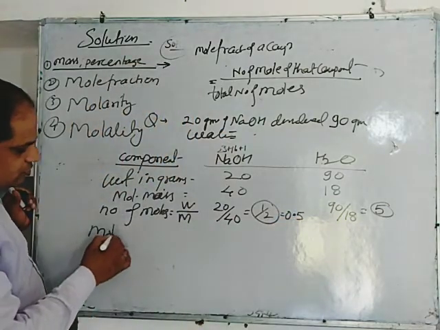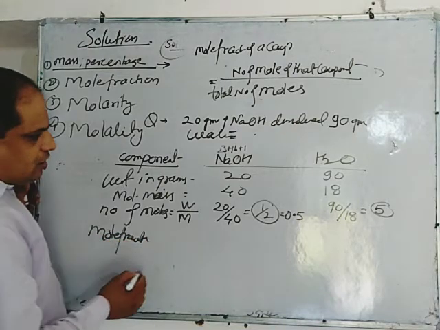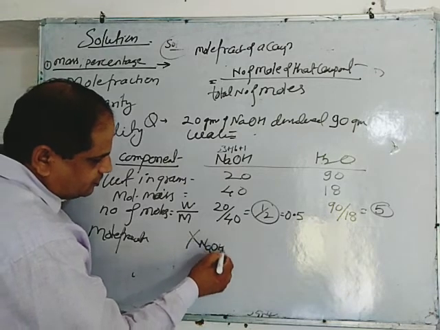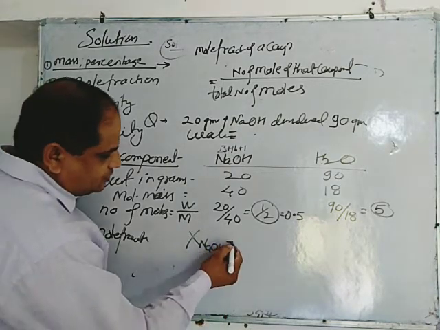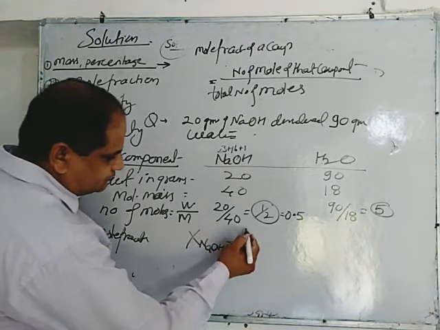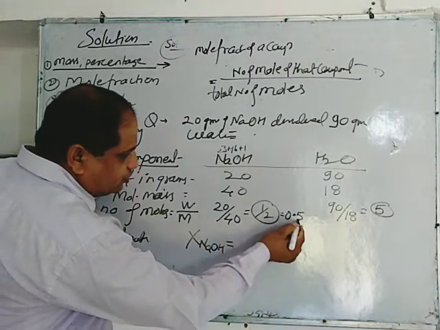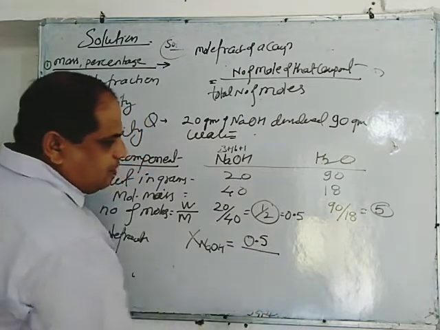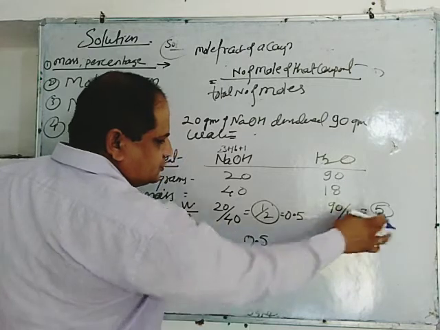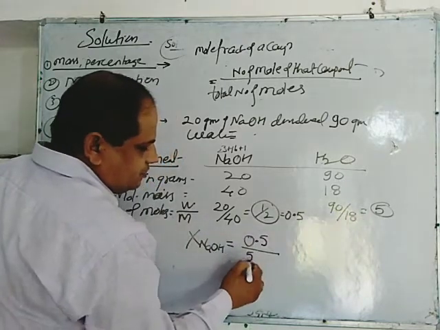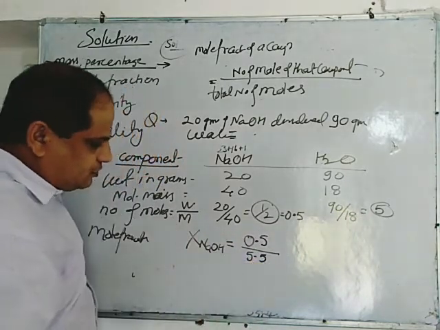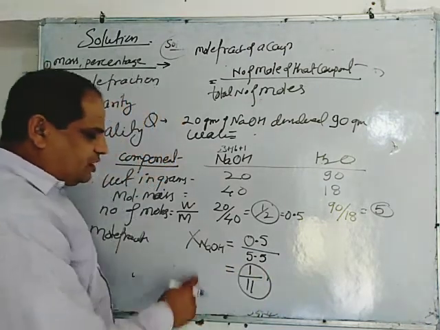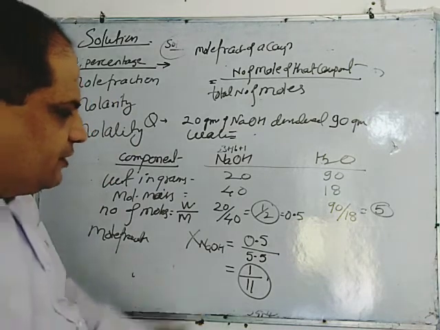Now mole fraction of NaOH, X NaOH, equals number of moles of NaOH, which is 0.5, upon total number of moles, 5 plus 0.5, 5.5. This is equal to 1 upon 11. So mole fraction of NaOH is 1 upon 11.